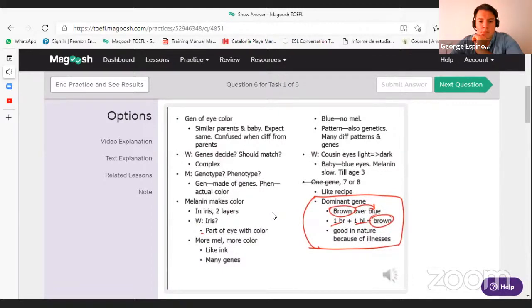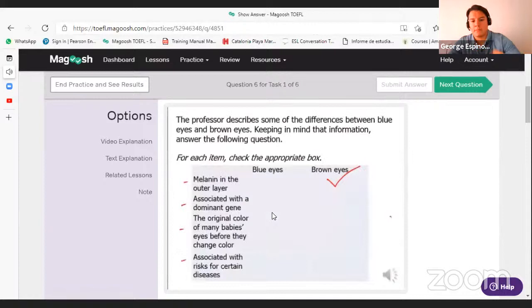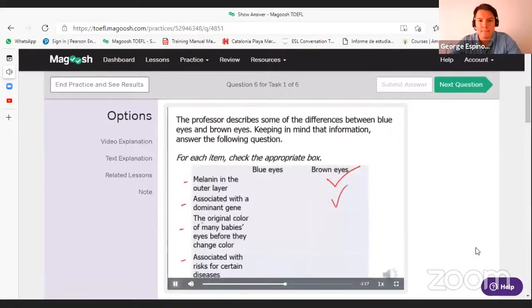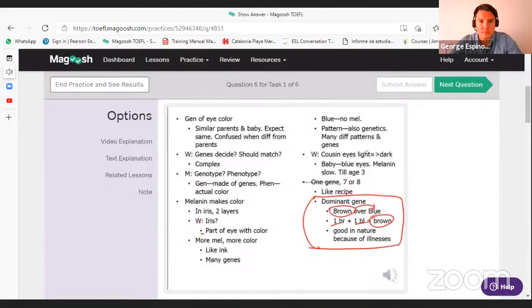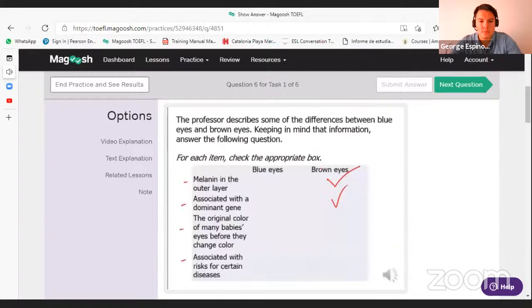So brown eyes are dominant, stronger than blue. Next, the original color of many babies' eyes before they change color. We saw this light to dark change. The baby had blue eyes and then it changed to brown eyes. So the original color means the starting color, that is blue eyes.